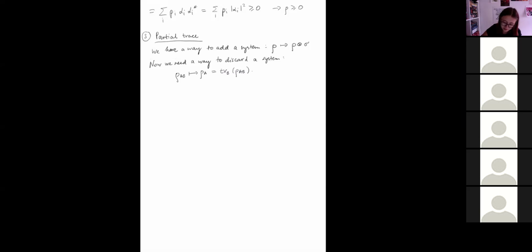In this case, the partial trace operation, so rho A equals tracing out B in rho AB, is defined in the following way.